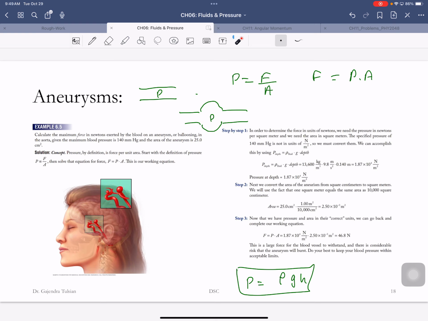So the problem gets worse and worse. The area is increased, your body's reaction is to increase the pressure because flow rate has decreased, and the force on the aneurysm gets larger and larger. So if you suspect that the patient has an aneurysm, you want to make sure that their pressure doesn't rise.